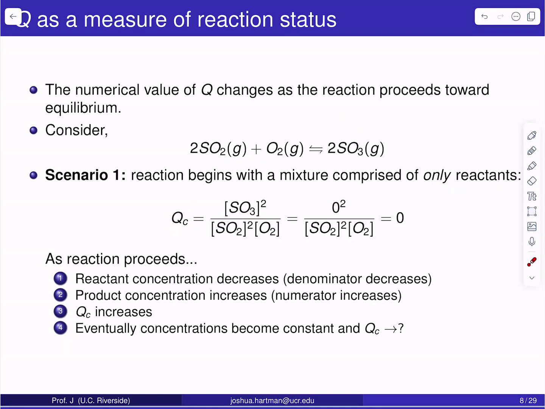So you have 0 squared over whatever our initial concentrations are. Well, it's 0, right?